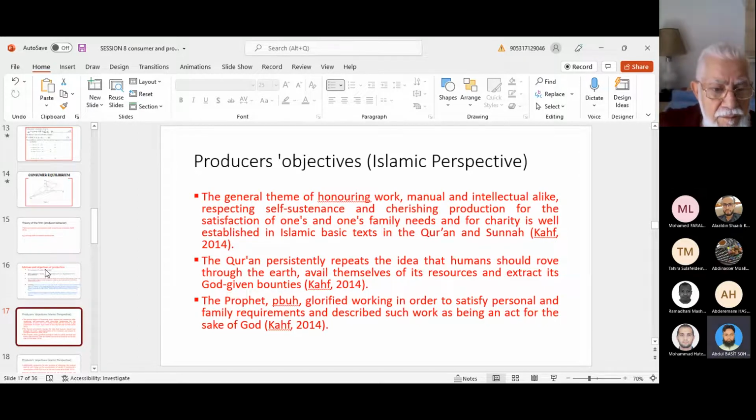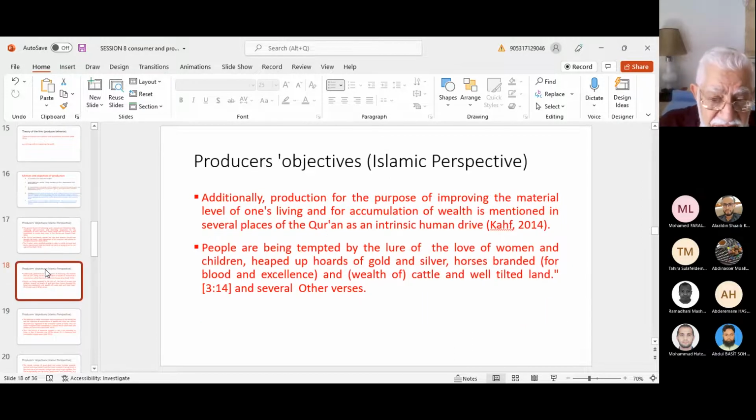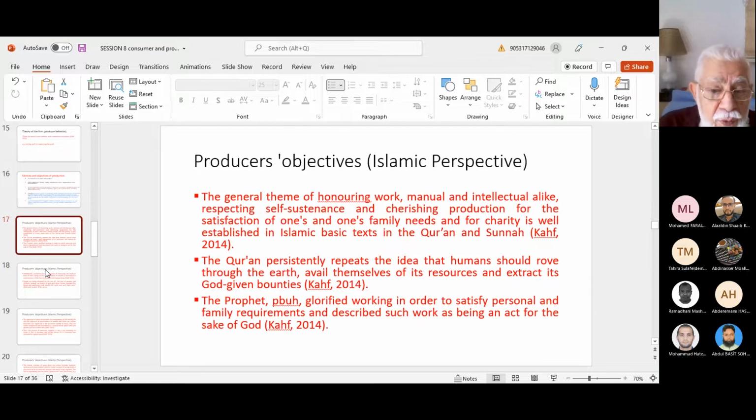The Quran persistently repeats the idea that humans should rove through the earth, avail themselves of its resources, and extract its God-given bounties. The Prophet ﷺ glorified working in order to satisfy personal and family requirements and described such work as being an act for the sake of Allah. So Iman itself urges people to use their abilities to their maximum, not to neglect their abilities.